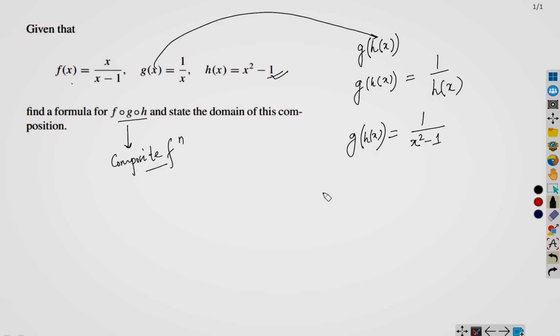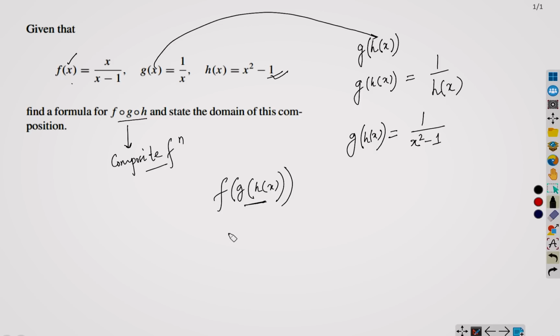x square minus 1. Now we have to determine f of g of h(x). Can you do this? It's simple. We just have to replace the x with this expression the same way as we have finished this one.